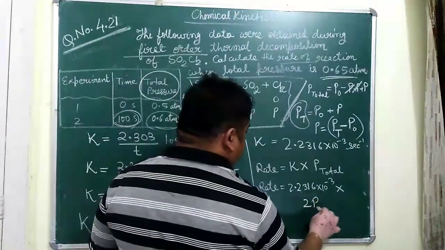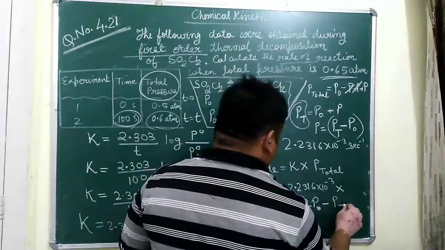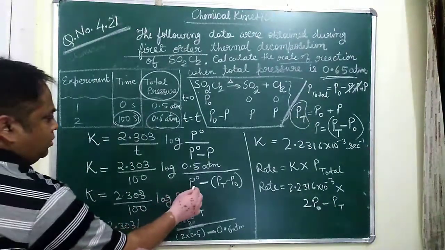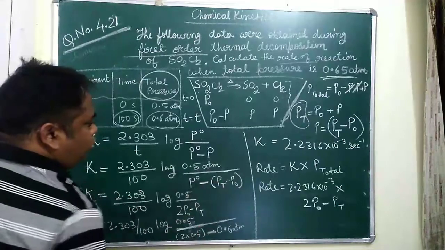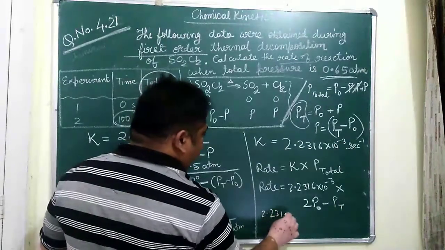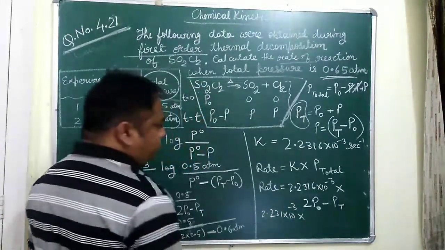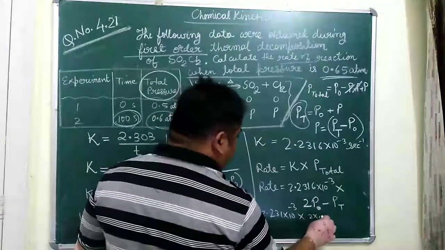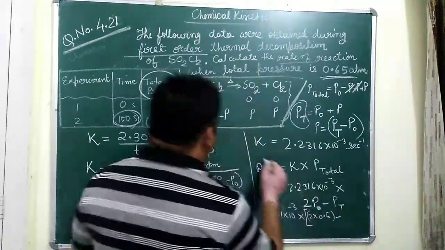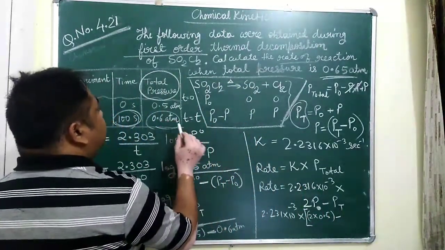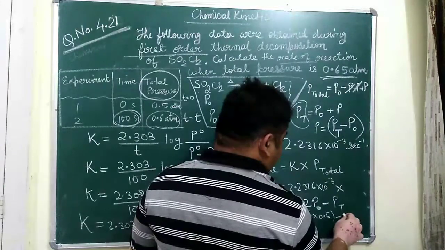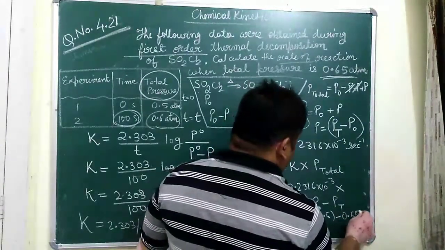2P0 minus P total. This I had shown you how. Here I had shown you how it was. This was 2P0 minus Pt. So the rate is 2.231 into 10 to the power minus 3 into (2P0, which is 2 into 0.5, minus P total, which is given as 0.65).